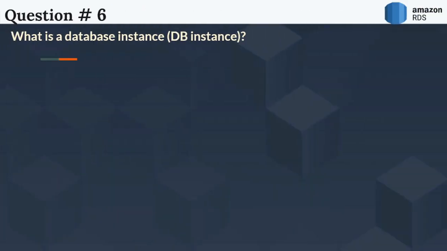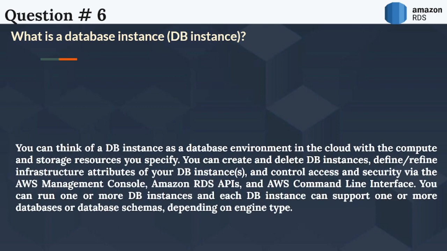So the next question is, what is a database instance, DB instance? You can think of a DB instance as a database environment in the cloud with the compute and storage resources you specify. You can create and delete DB instances, refine infrastructure attributes of your DB instances, and control access and security via the AWS Management Console, Amazon RDS APIs, and AWS Command Line Interface.